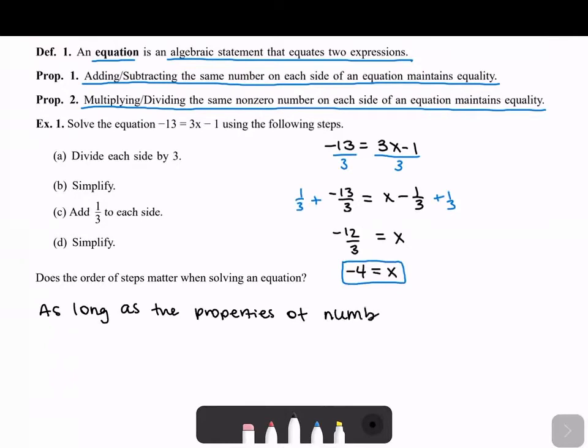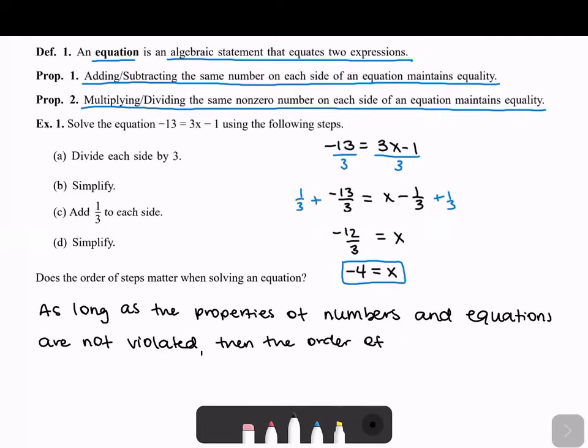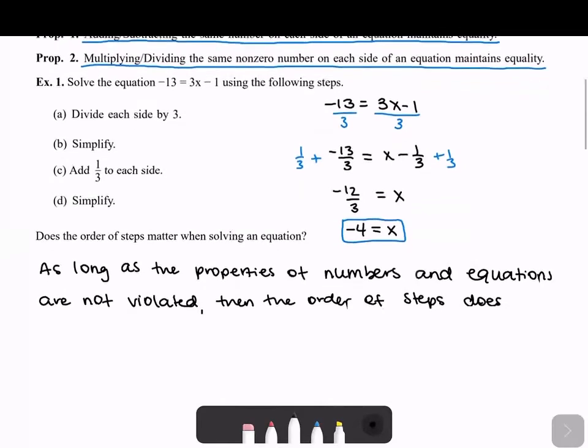All the properties of numbers we've talked about thus far, and these two properties of equations that we just talked about. As long as none of the properties are violated, the order of steps does not matter.